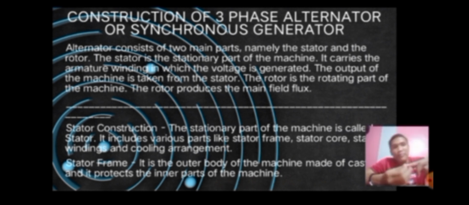What is the stator frame? It is the outer body of the machine, made of cast iron, and it protects the inner parts of the machine. It is the part on the outside, the outer part, and it protects the machine.